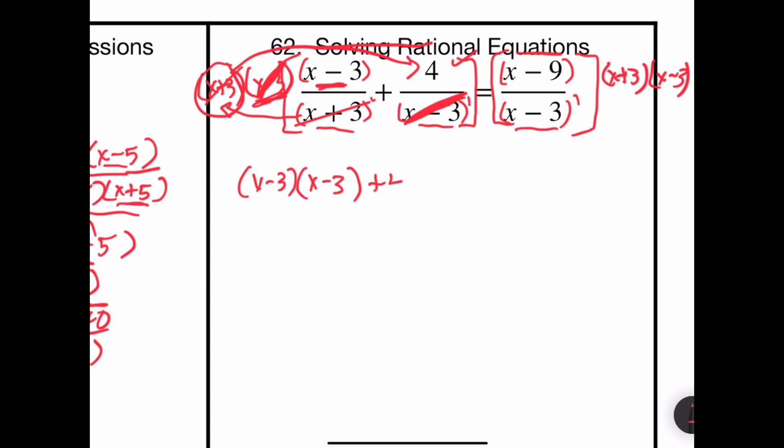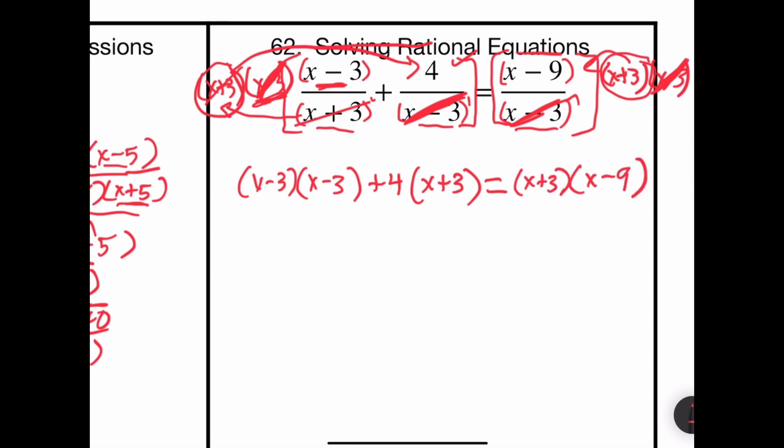So I'm just going to express that, 4 times x plus 3. On the right side of the fraction, x minus 3 will divide out with x minus 3, leaving me with x plus 3 times x minus 9. And I'm just going to express that, x plus 3 times x minus 9. So step 1 is finished. I've cleared out the denominators.